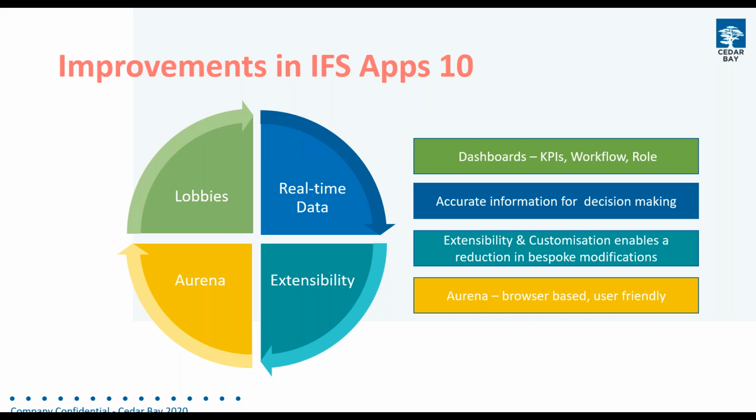The first one is lobbies. These are quite a game changer for people moving off 7 or 7.5 or 8 because they're a dashboard, and the dashboards summarize a few of the key features within the application, in particular KPIs.